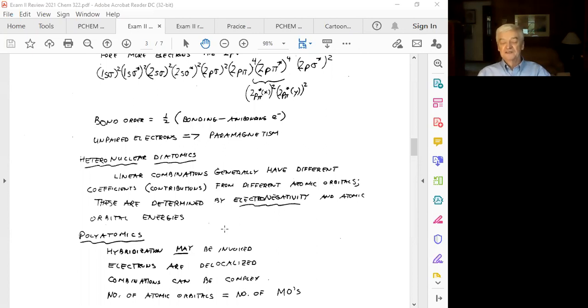So in the case of HF, we had the 2p orbital of fluorine being lower in energy than the 1s orbital of hydrogen, and the molecular orbital formed then was primarily made up from the fluorine atomic orbitals. And since that was the case, then the electrons spend more time on the fluorine, and you have a partial negative charge on fluorine, partial positive charge on the hydrogen.